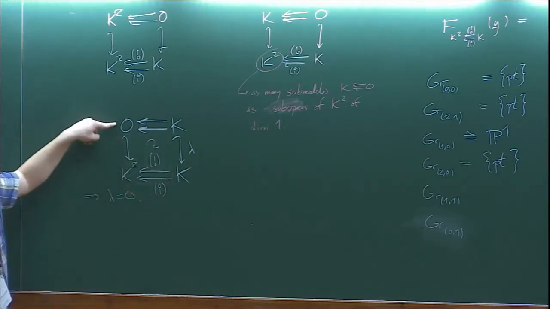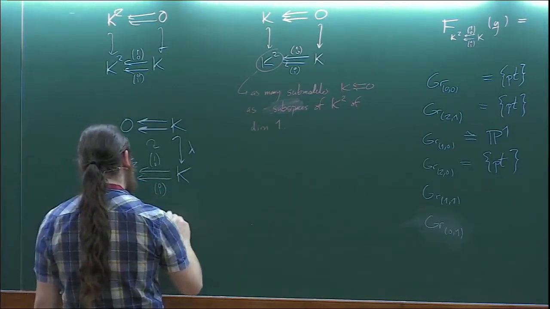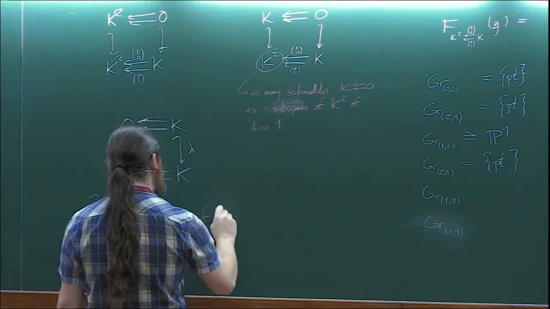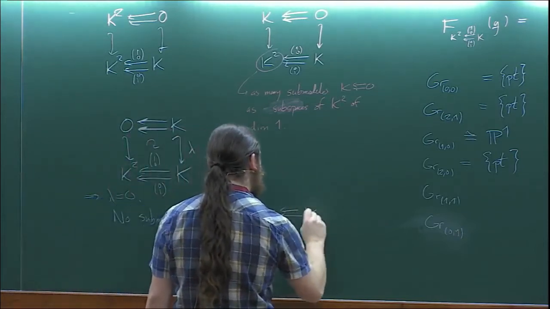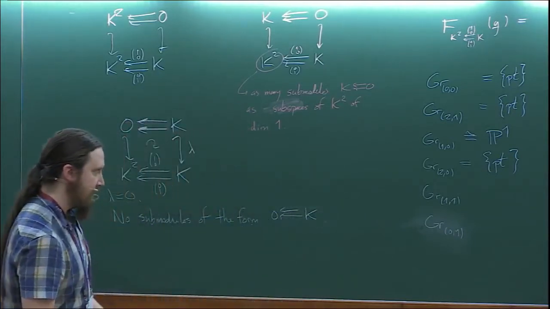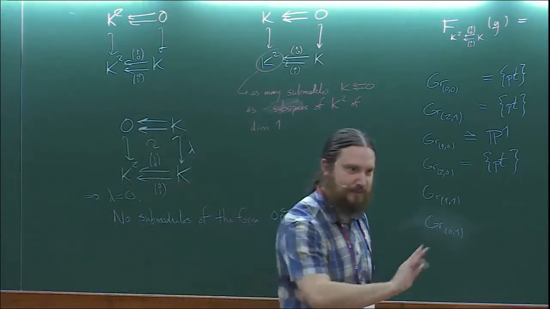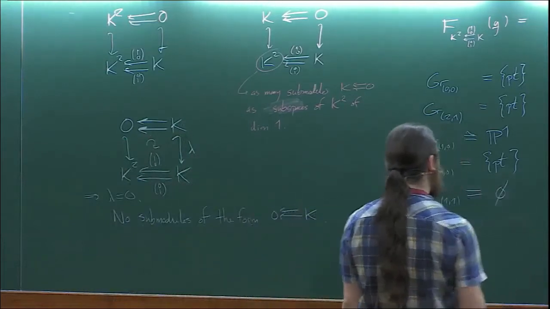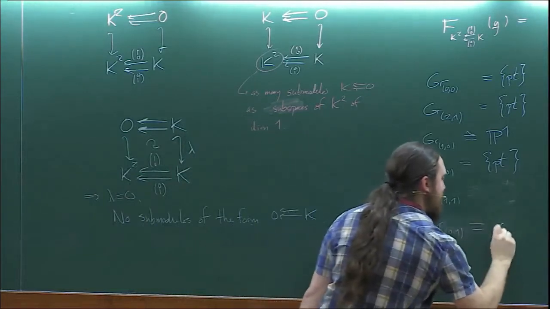So there's no submodule of this form. So this Grassmannian is empty. No submodule.